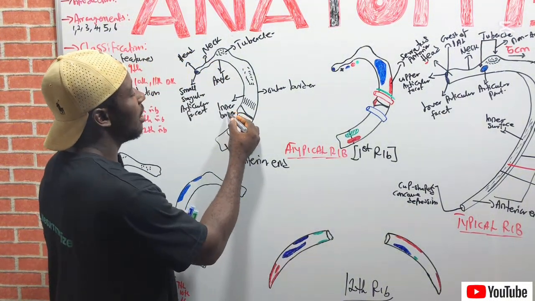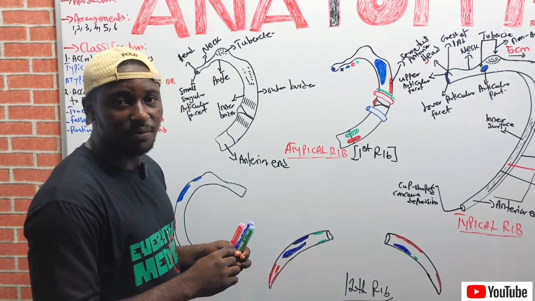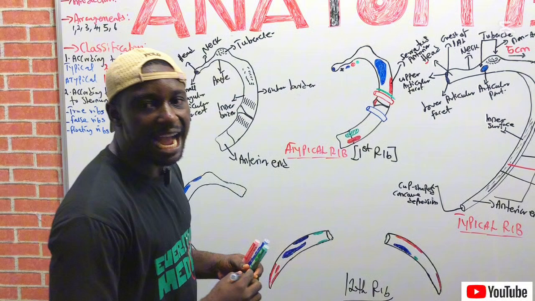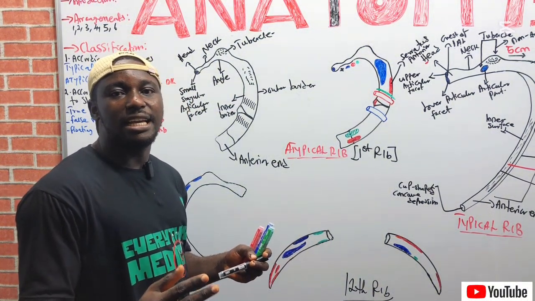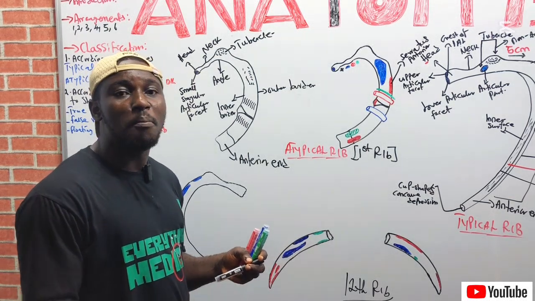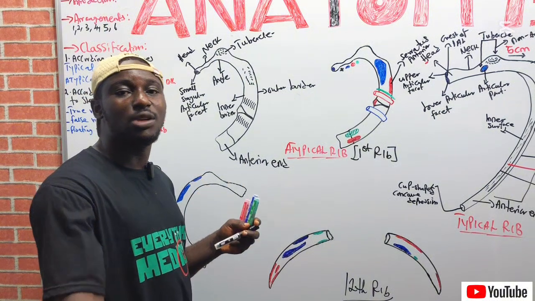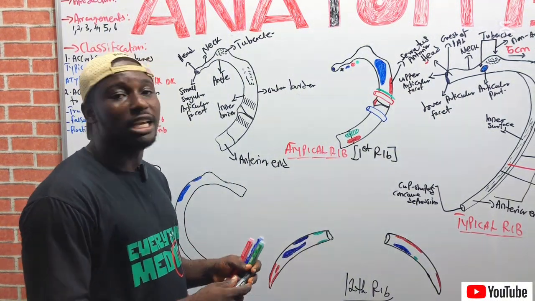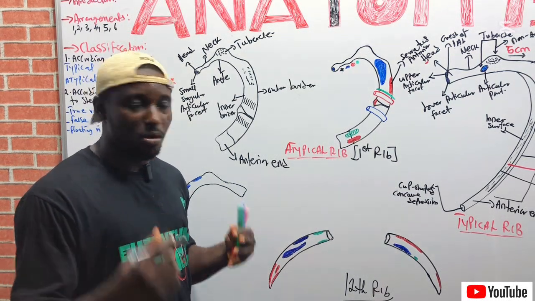The inner border is concave or depressed. And it is formed by a tubercle called the scalene tubercle, which adjoins the upper surface to form the site of attachment of the scalenus anterior muscle.